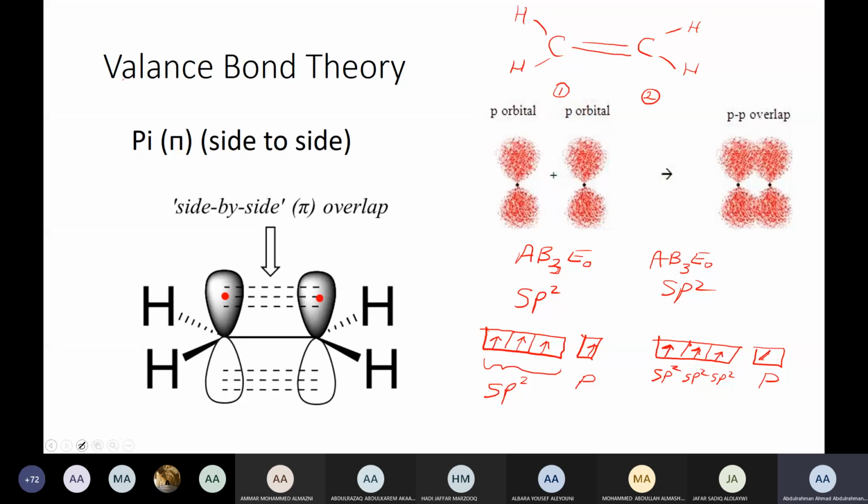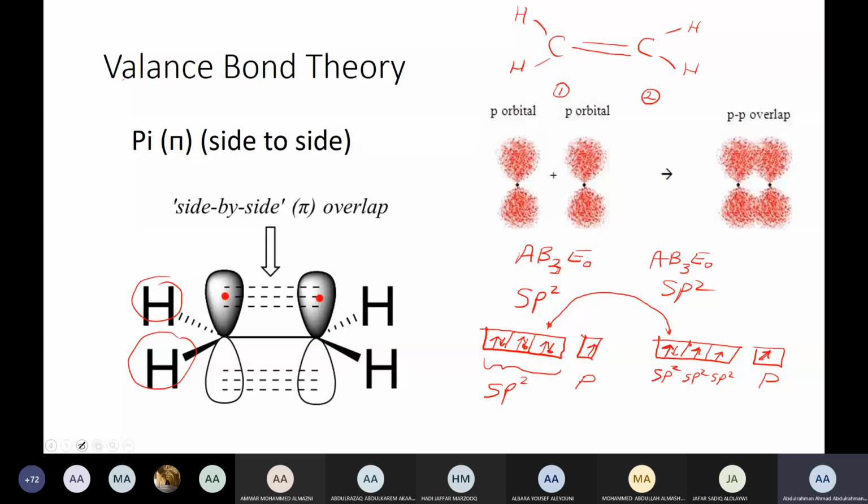Now we should know that, first, the other electrons will come. In these boxes, the hydrogen will give us 1 electron here when it makes the bond. This hydrogen will give us one electron here, and then this box with this one will interact to make the sigma bond. So this electron is coming from the other carbon, and it will be shared in this carbon and in this carbon.